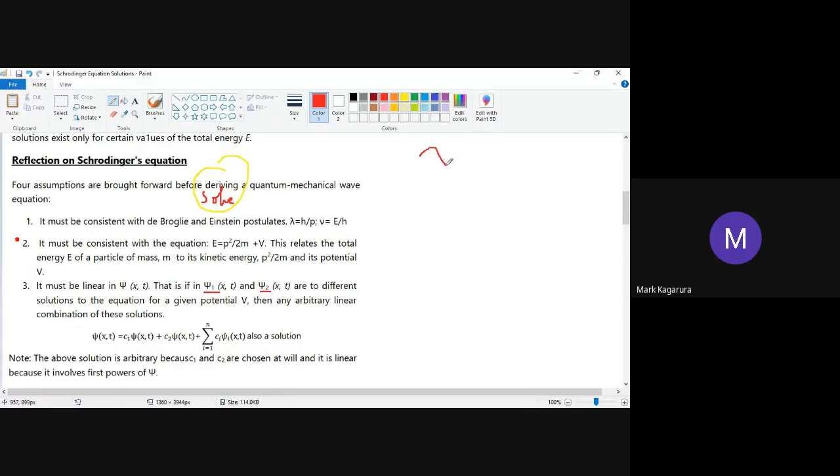So you remember when we were adding up these waves, we added them to get a wave packet.